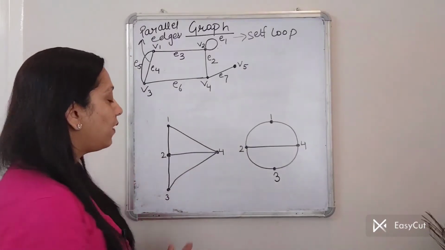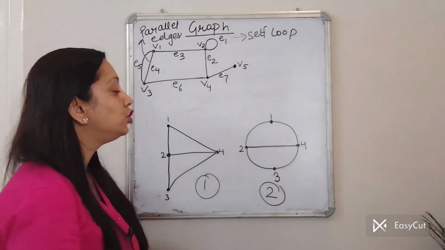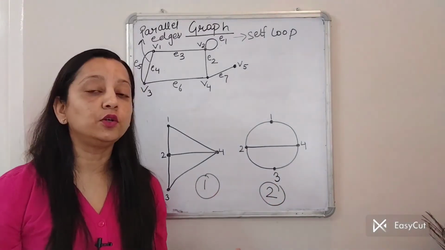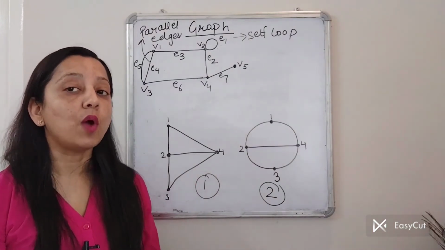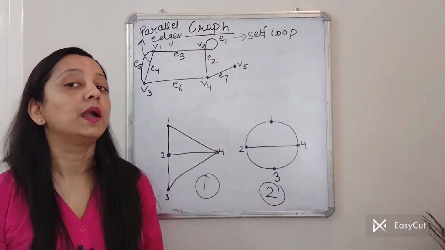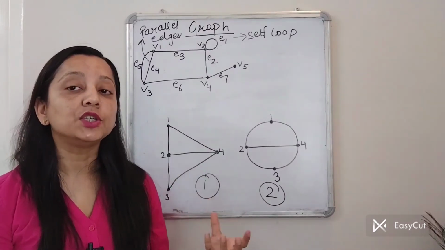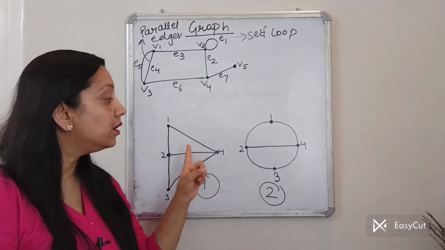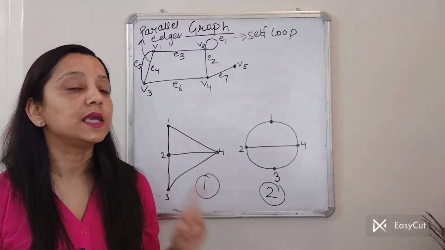Now visually you may find that if I call it figure 1 and if I call it figure 2, visually you may find figure 1 and figure 2 to be two different graphs. But they are not. Why? Because as I said, the shape and size of the lines does not matter. What matters is the incidence between the edges and the vertices. And here if you notice, the incidence between the edges and the vertices is the same.